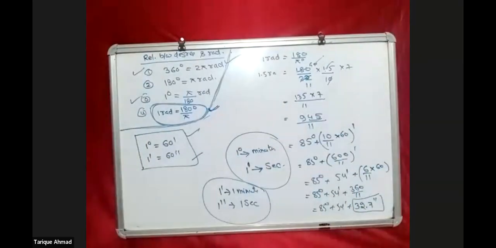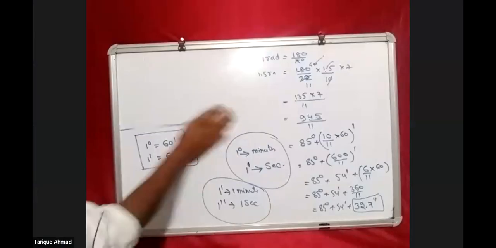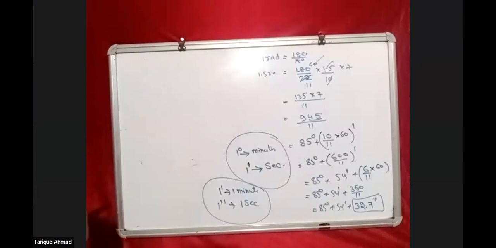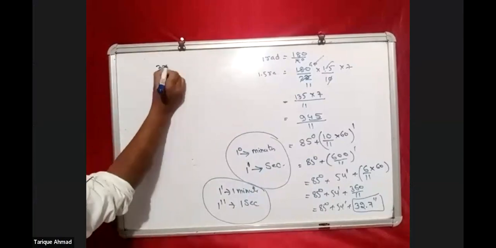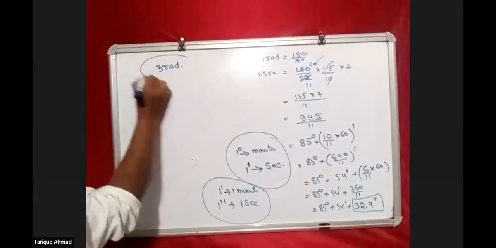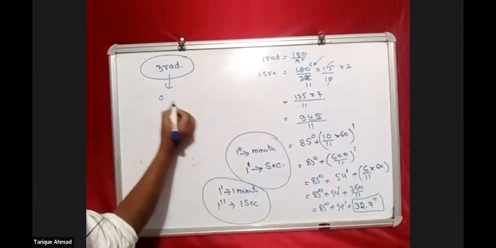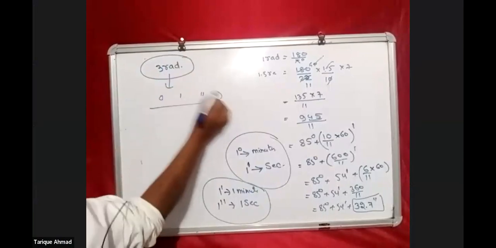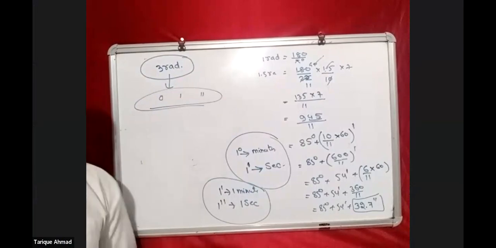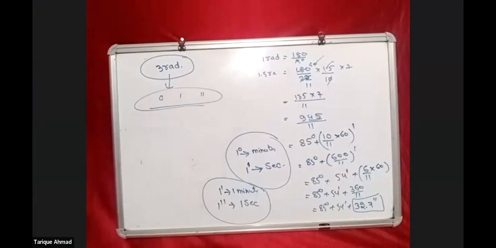Fine. So based on this one, I'm writing another. Convert 3 radian into degree, minute, and second. Find the value of 3 radian in terms of degree, minute, and second.